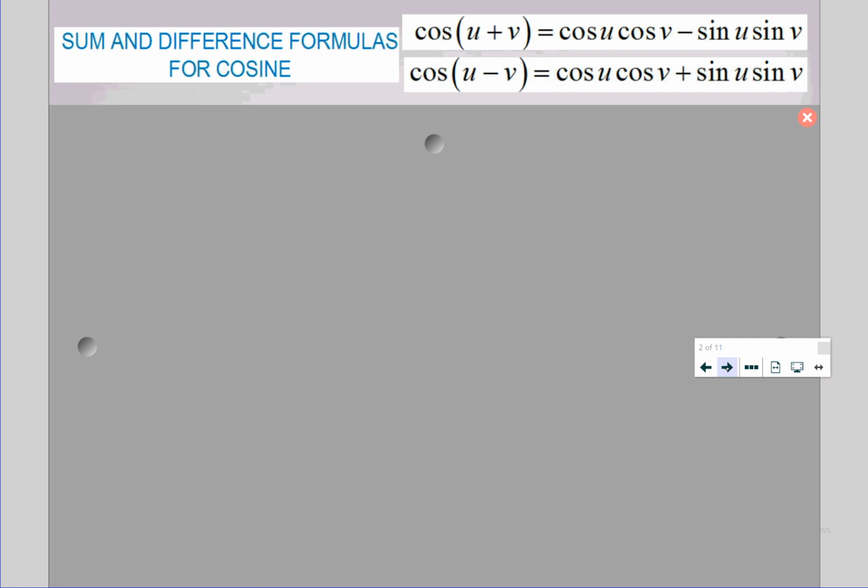At this point, what we would have done is typed in cosine 165 degrees in our calculator, and we get the decimal that goes with it. But 165 degrees, I can add or subtract 2 of my unit circle values to get to 165. I can add 120 and 45 to get 165. So if you can add or subtract 2 unit circle values to get a new value, that's what these formulas are for. The U and the V are 2 angles that are on your unit circle.